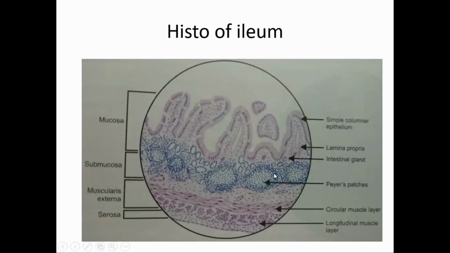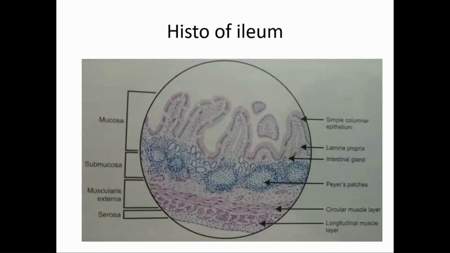So what are the identifying features of the duodenum, jejunum, and the ileum? When there is a presence of the Peyer's patches, then it is an ileum. You have to see the Peyer's patches in the lamina propria, which are collections of lymphatic nodules. In the duodenum, Brunner's gland is present.